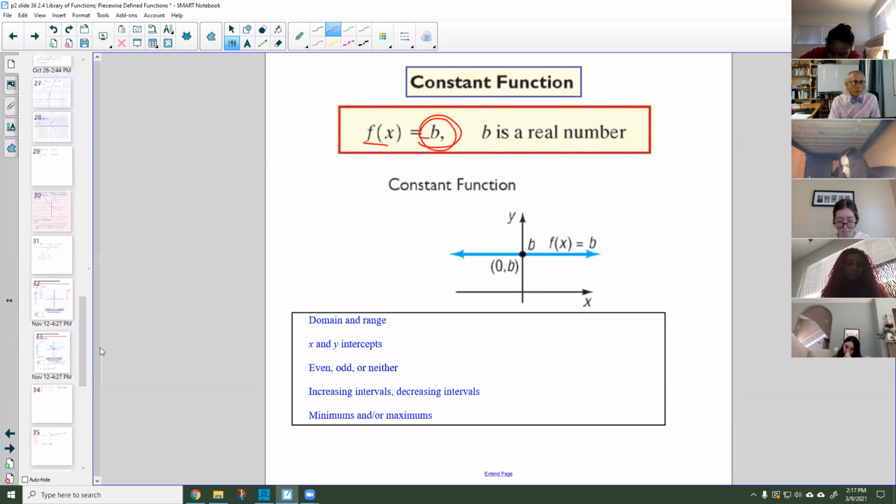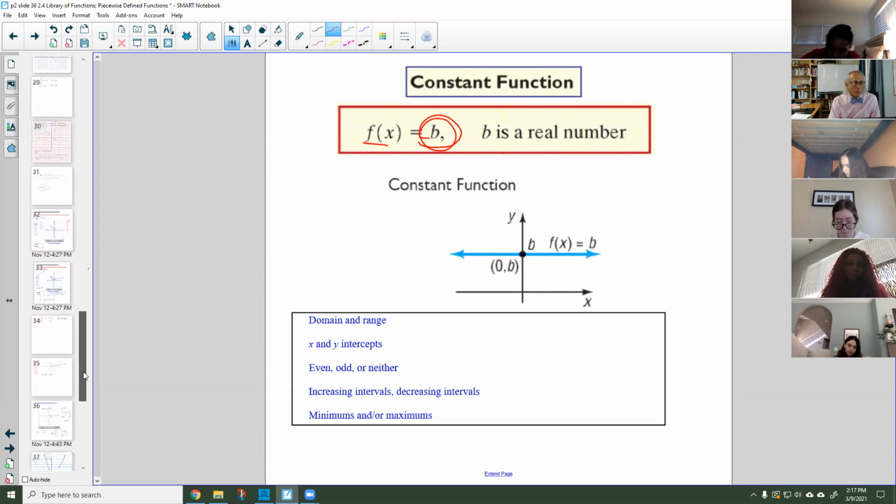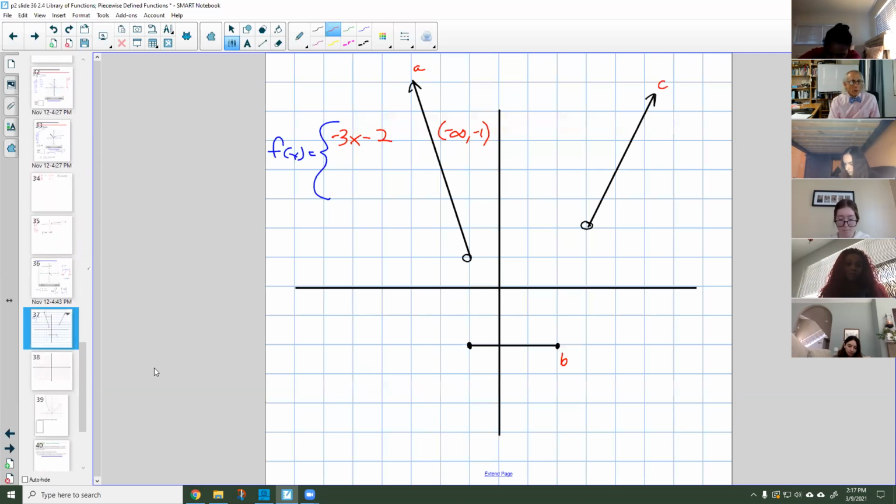Let's get to it here. Can you tell me what that constant is? Would it be -2? It's exactly what it would be, because that's the y value. It's just going -2.